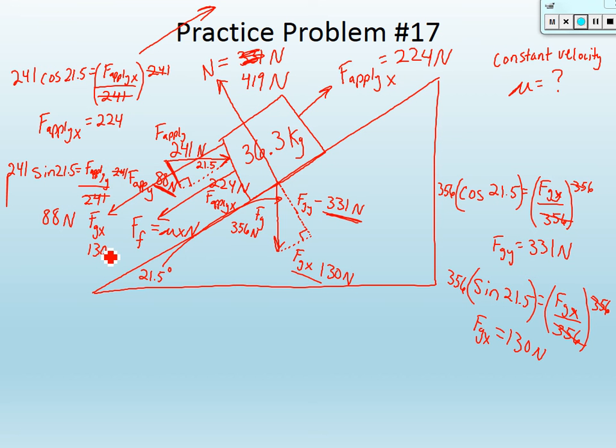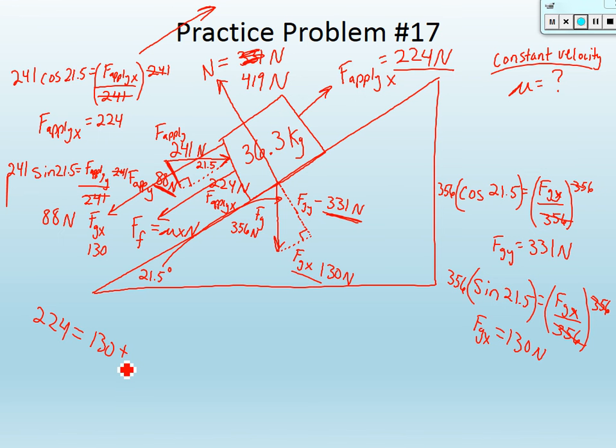Is there anything else making it move down? Nope. So it's moving at constant velocity, which means that the forces have to be balanced. If everything up is 224, everything down has to be 224. So everything up is 224. It's got to be equal to everything down, which was F_gx, which was 130.